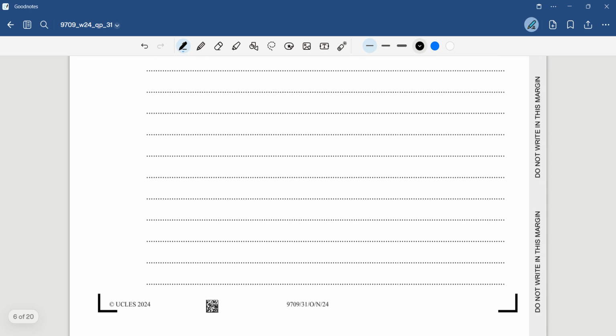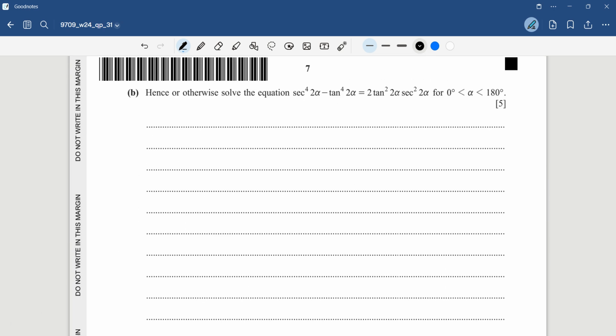Now we go for question 4b. Hence or otherwise means we're going to use the answer from the previous one. Solve the equation secant power of 4 minus tangent power of 4 is equal to this. So we're going to use what we have done earlier. This part is actually equivalent to 1 plus 2 tangent square 2 alpha.